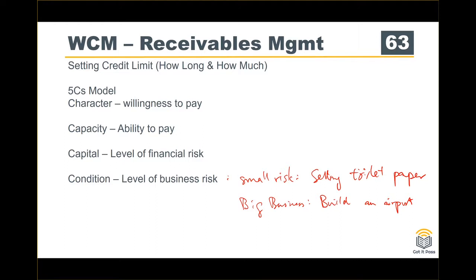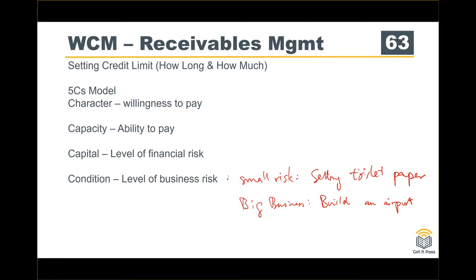But if you overestimate your passengers and number of flights, your income is very minimal in this case, but you have incurred a lot of money in building the airport. You borrowed a lot of money from your bank and from other debt holders. So the business risk is quite high, especially for the travel industry.